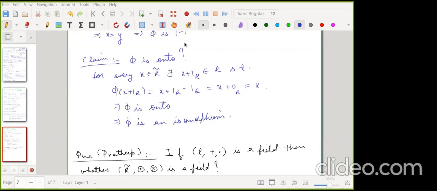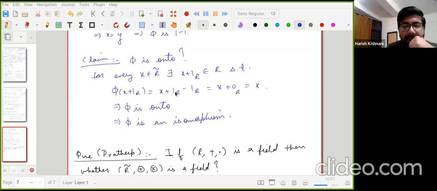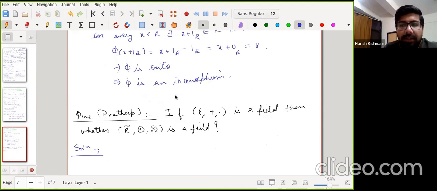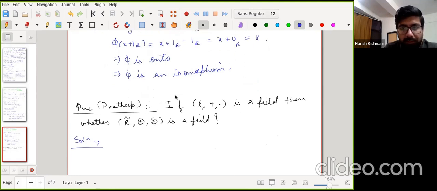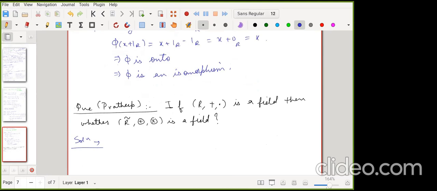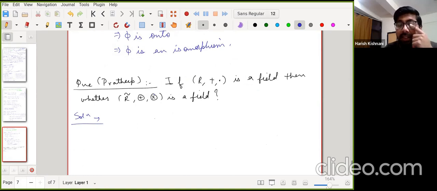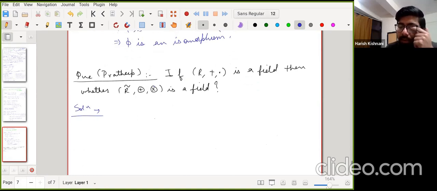Okay. So just the inverse property is left, and you are saying that except minus 1 of R, everything has a multiplicative inverse with respect to the new multiplication defined. But minus 1 of R is anyway our additive identity, right? So we just need to check for the non-zero elements.